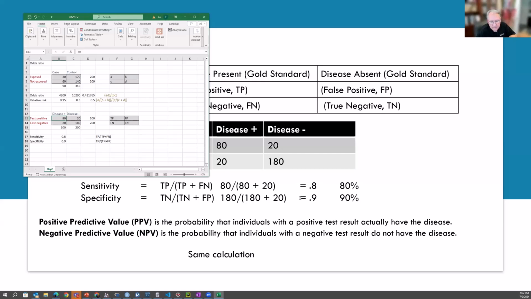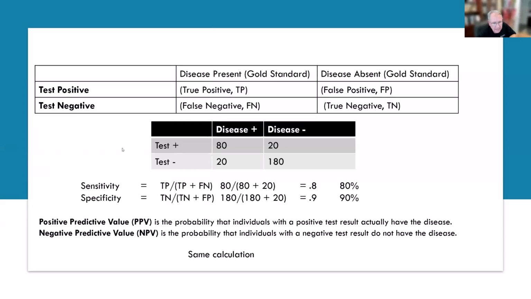And in this scenario, we have a sensitivity factor of 80% and a specificity factor of 90%, which is actually pretty good. You always want to look, especially at a diagnostic test, at what the sensitivity and specificity are.